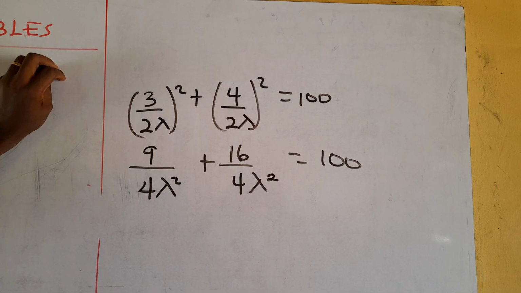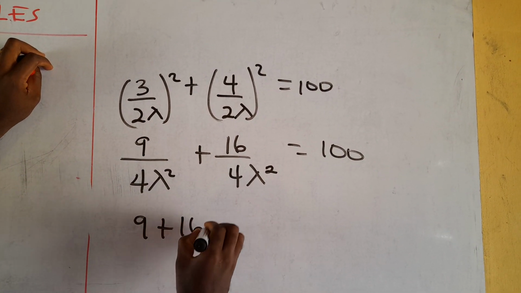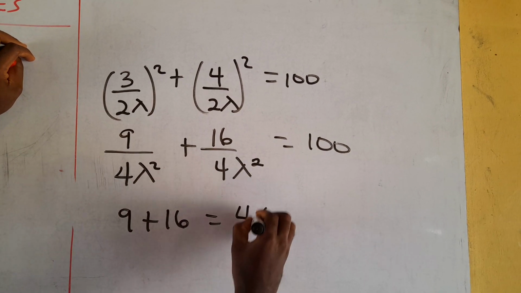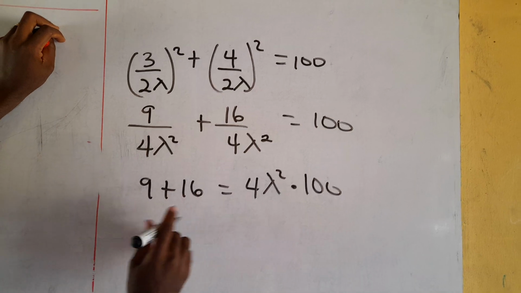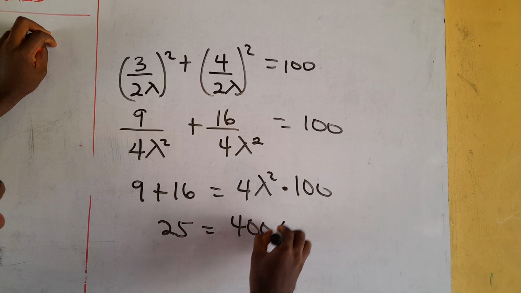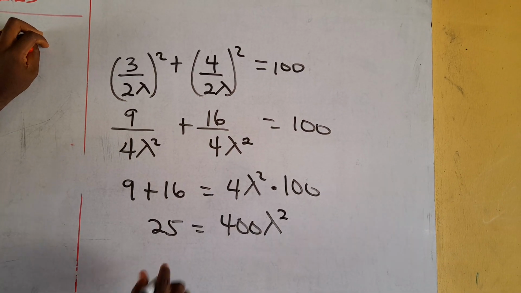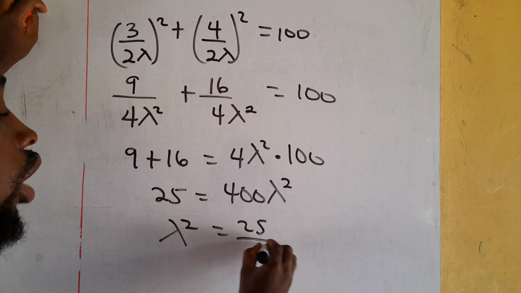We multiply through by the LCM. We'll get 9 plus 16 equal to 4 lambda squared times 100. 9 plus 16, 25, will be equal to 400 lambda squared. Now our lambda squared will be equal to 25 over 400.